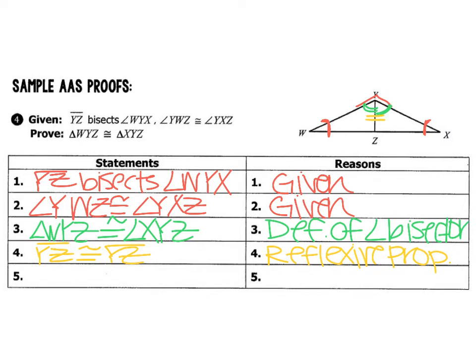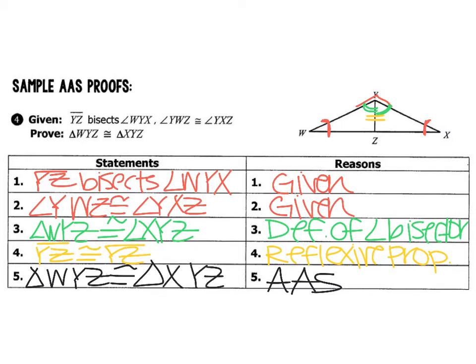Now we've got angle, angle, and a non-included side. So therefore we can say that these two triangles are congruent by angle, angle, side. All right, and then we would just write our congruency statement right here, that triangle WYZ is congruent to triangle XYZ, and it's because of AAS.